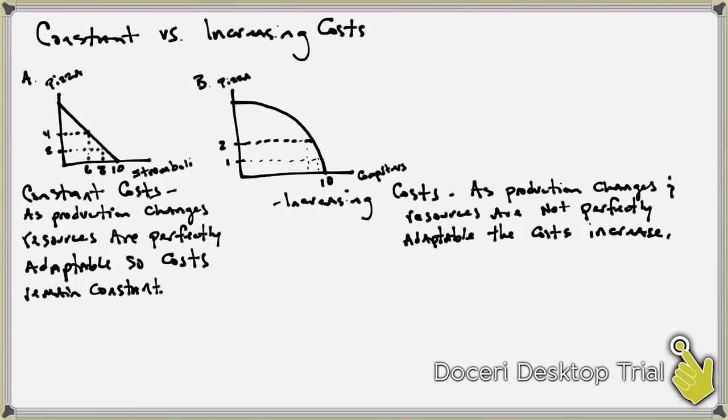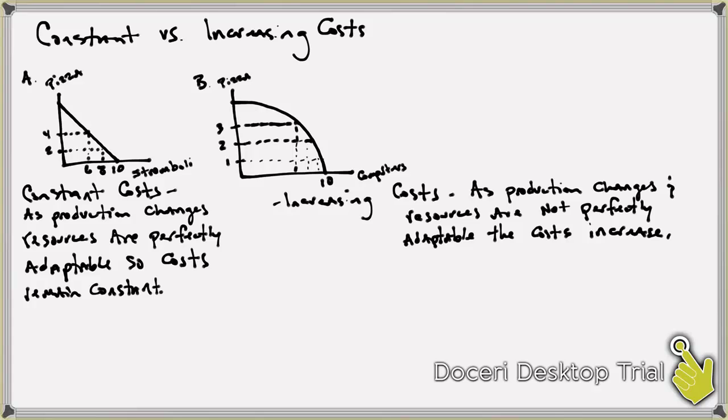The difference between the first cost and the second cost should be greater. So maybe we gave up half a computer the first time. Now we made the second pizza, and we're going to give up maybe 2 computers. And if we add a third, we're going to give up even more.